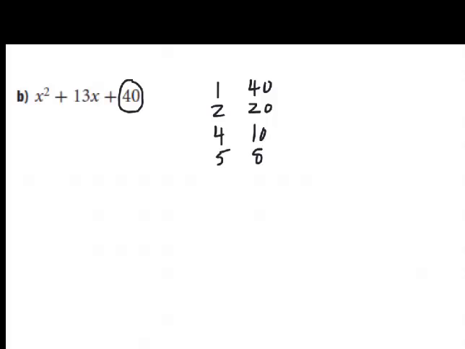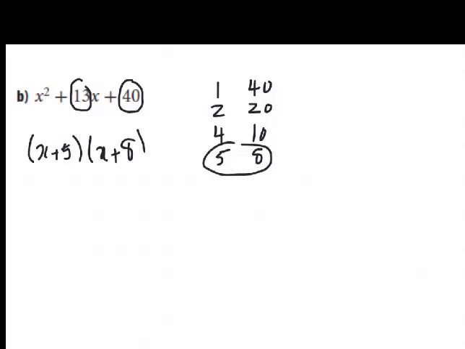The next pair would be 8 and 5, which we already have as 5 and 8. Now, between these 4 pairs of numbers, I have to find the one whose sum is 13. The only pair which satisfies this condition is 5 and 8. So I can write this as (x plus 5) times (x plus 8).